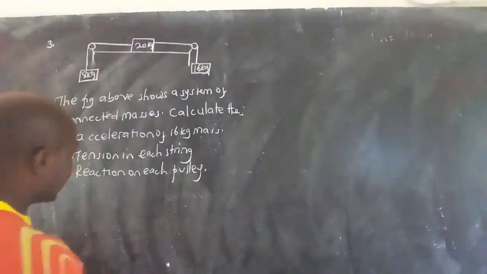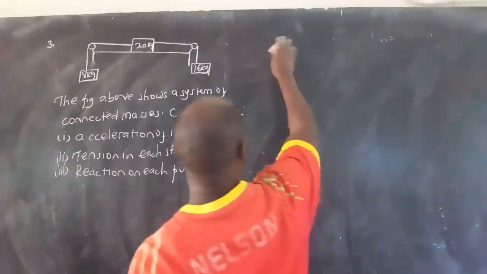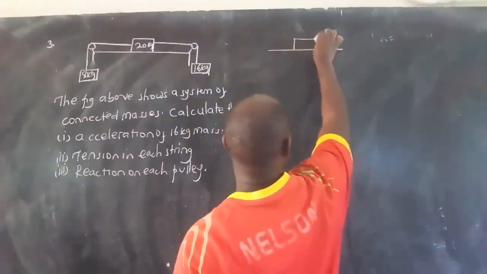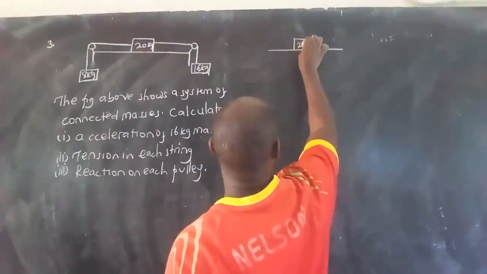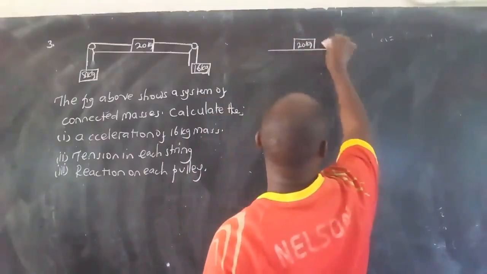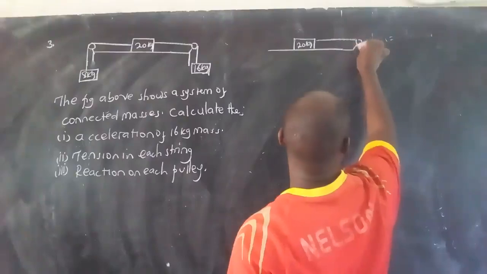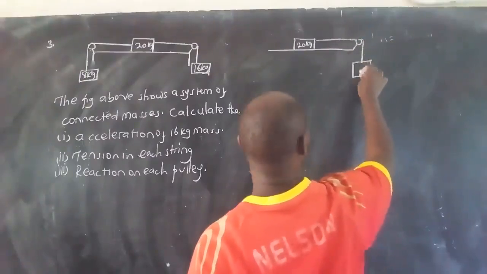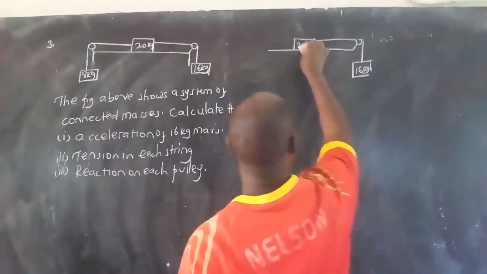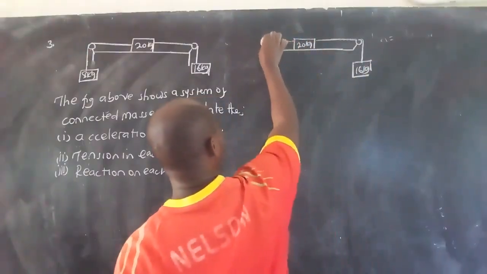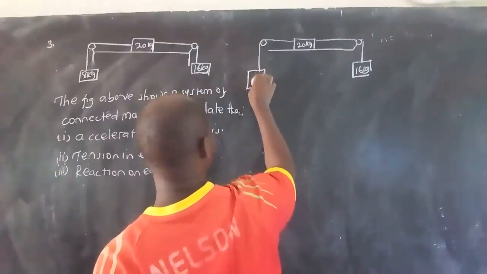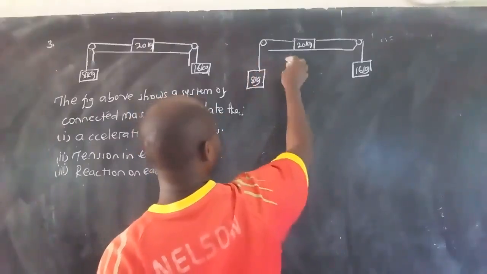Let's draw the diagram again, so that we have something like this. This is our 20 kilogram. Here we have our mass, which is 16 kg. This is 8 kg.